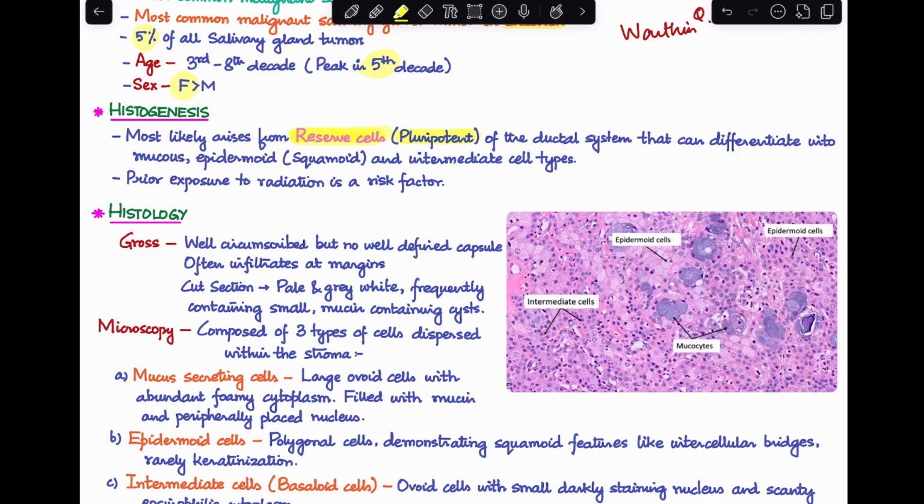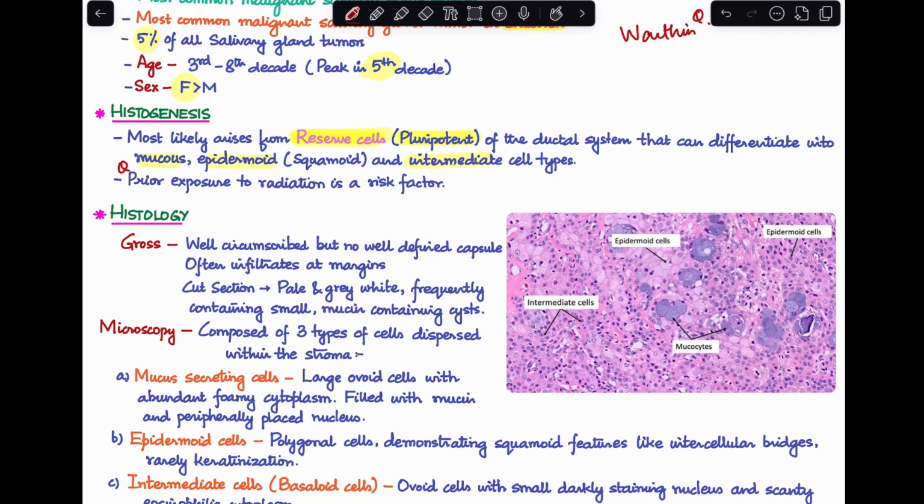And these differentiate into the different types of cells that we find in this carcinoma, which are the mucus cells, the epidermoid or squamoid cells, and the intermediate cells. Also, other than this, prior radiation exposure is a risk factor associated with development of mucoepidermoid carcinoma.